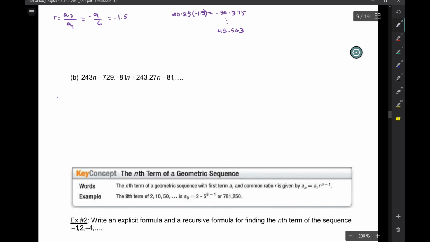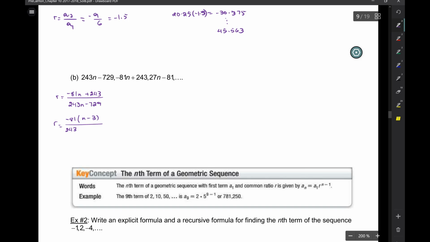All right, so for one like this, R is the same thing basically. So it's negative 81n plus 243 over 243n minus 729. So when I factor out a negative 81 here, I get n minus 3.